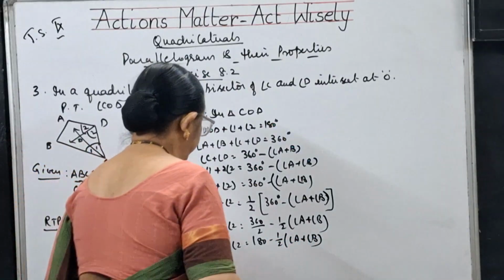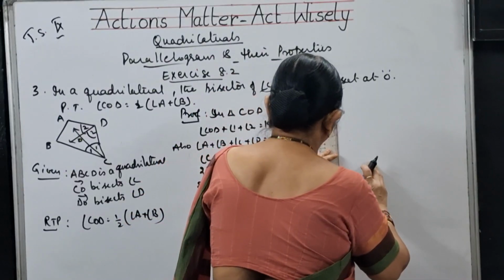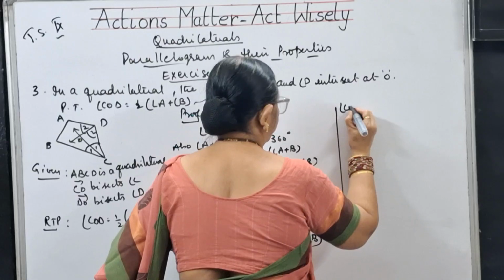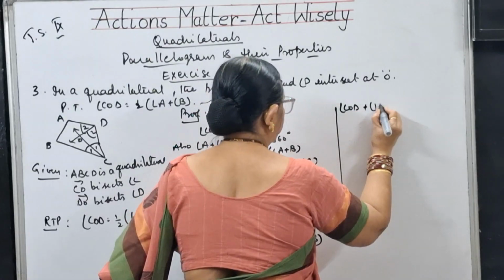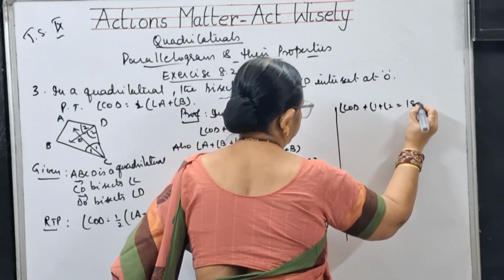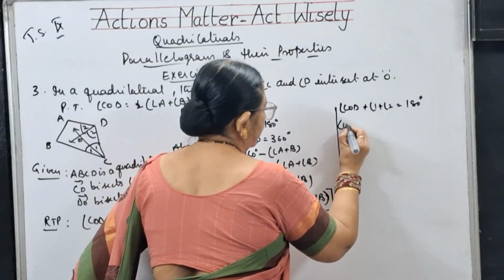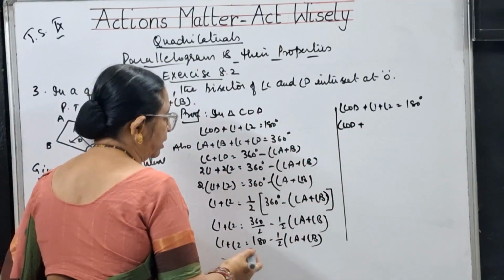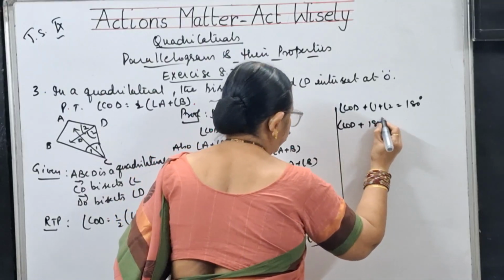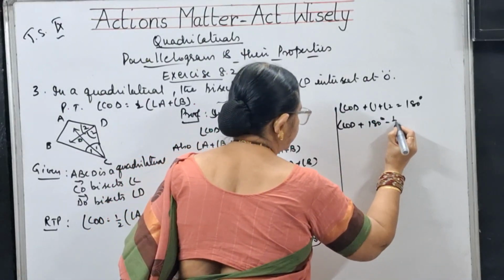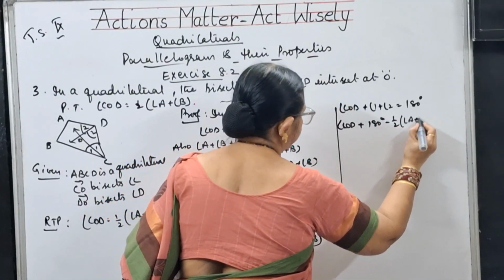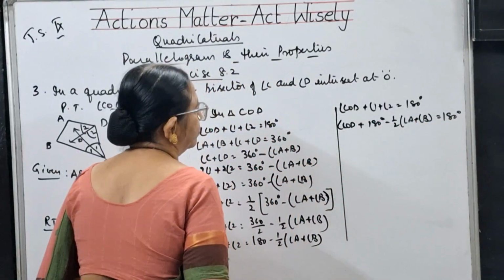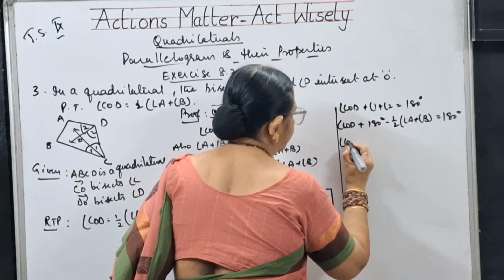Now, I am taking this angle 1 and angle 2 value in this. What I have taken? Angle COD plus angle 1 plus angle 2 is 180 degrees. So that means angle COD plus, in the place of angle 1 and angle 2, I am taking 180 degrees minus half of angle A plus angle B is equal to 180 degrees. That means what? I want angle COD.